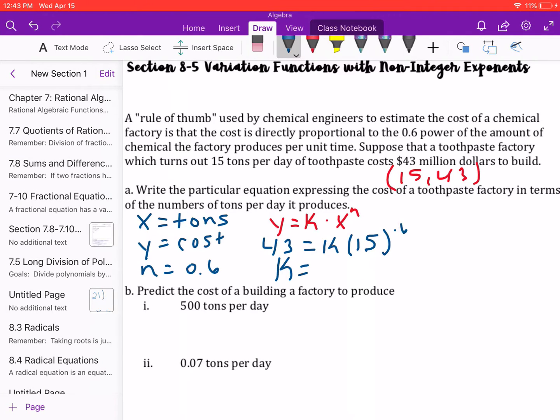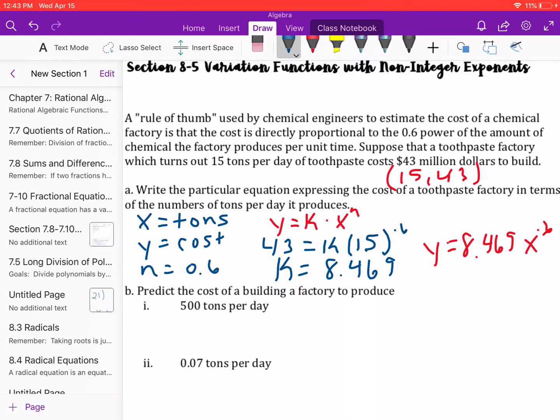And this one's really easy because in order to find k, we just need to take 43 divided by 15 to the 0.6 power. So we're going to go over to our graphing calculator, and we're going to go ahead and calculate this. And so we're going to take 43 divided by 15, all raised to the 0.6 power.